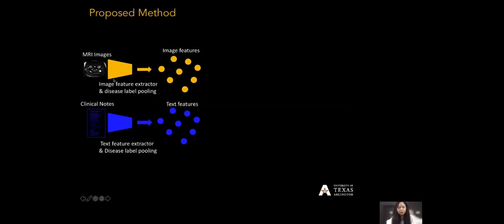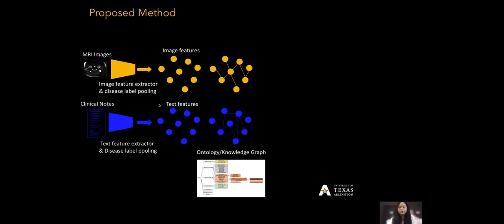To further improve our results, we propose a method that leverages different modalities. First, for the MRI images, we use a backbone CNN to extract the features, and then we do disease label pooling on the features to extract the image features of the different lesions. Since we also have the clinical notes, we can train label encodings based on the clinical notes, which measure the similarity between the different labels.